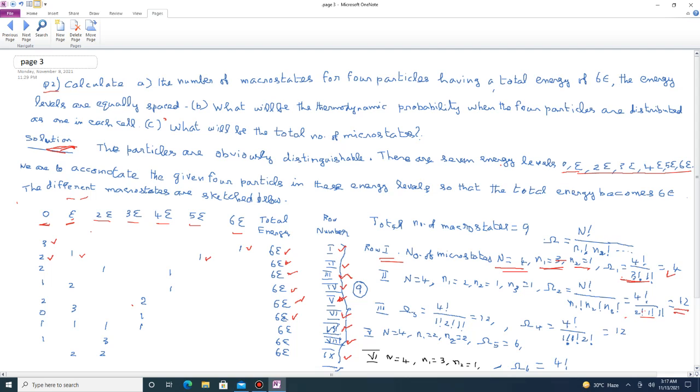Here also capital N is equal to 4, n1 is equal to 1, n2 is equal to 2, n3 is equal to 1. So if we substitute, this is 12. Omega 3 is equal to 12, and also omega 4 is 12, and similarly you can calculate omega 5 and omega 6.